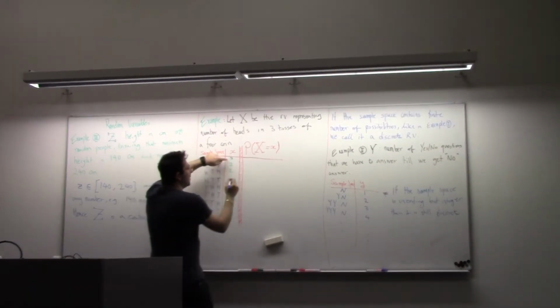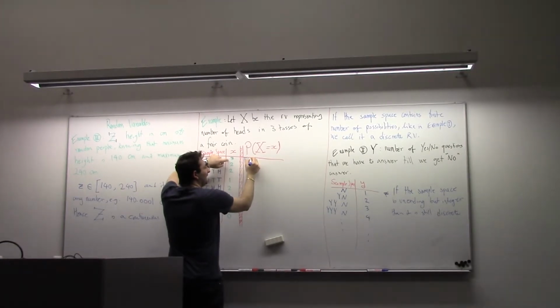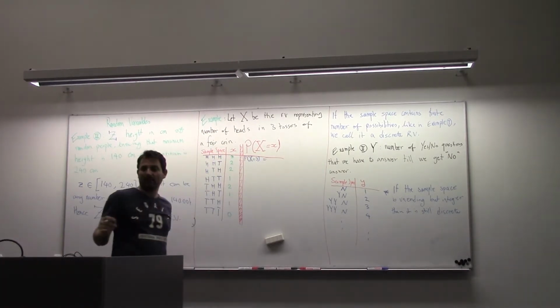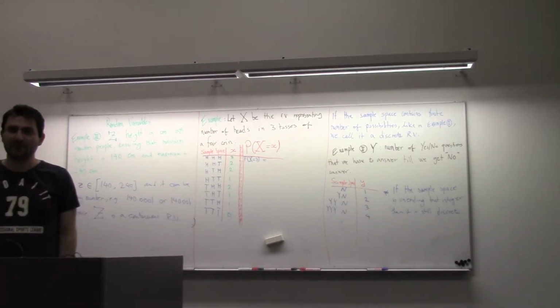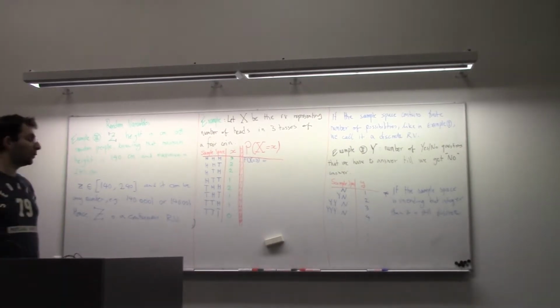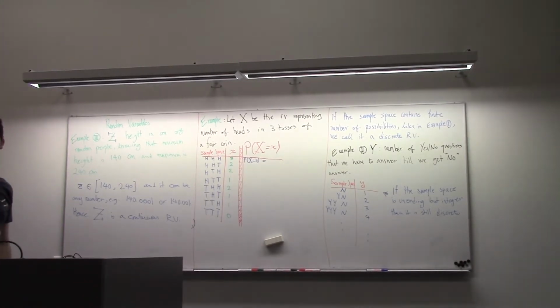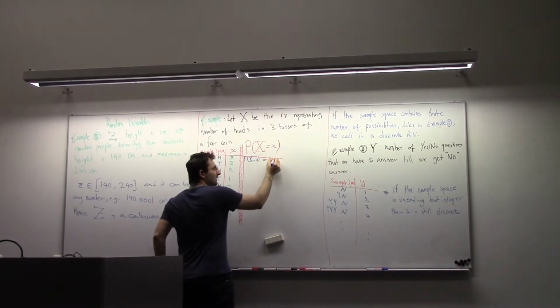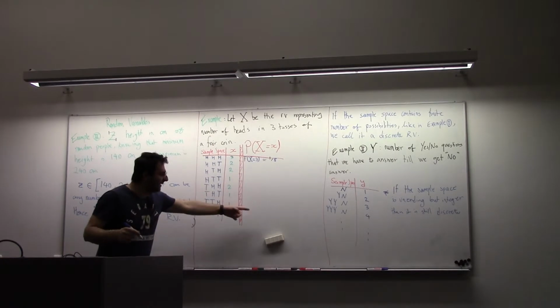In other words, what is the probability that X is equal to 3? Which I'm sure you can tell me. It's 1 over 8.